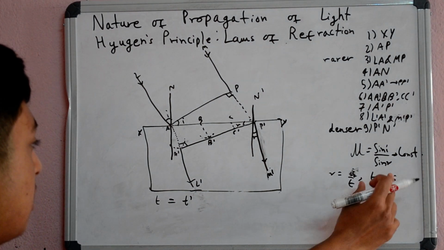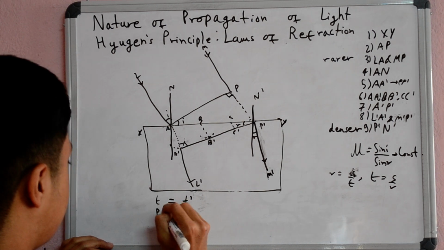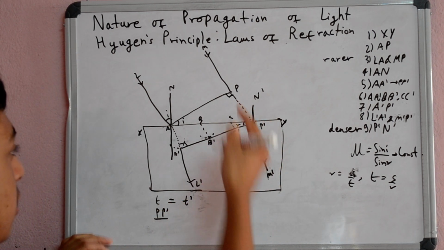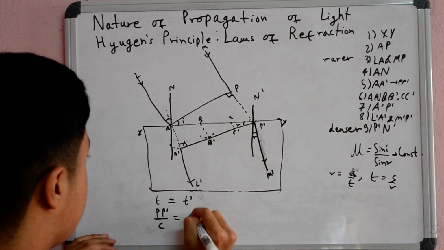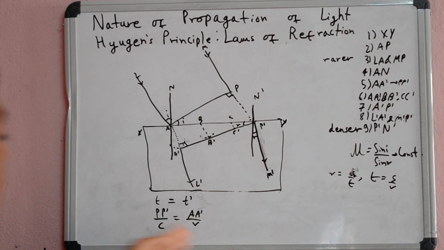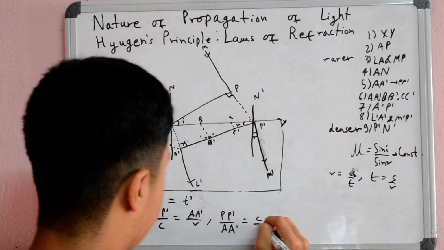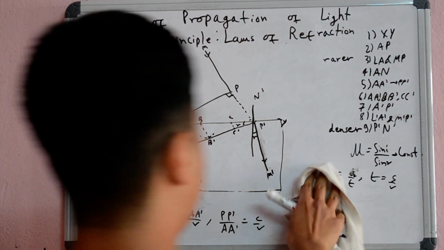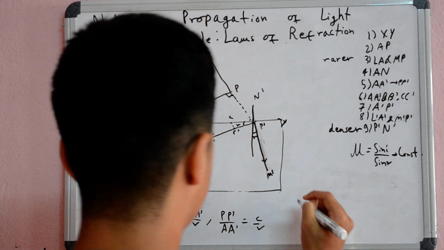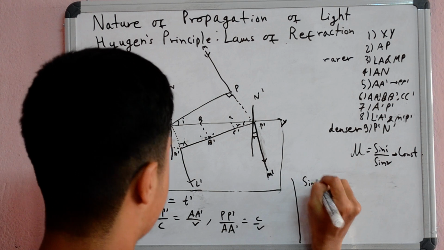So here our distance for, let's just say, PP dash is, well, this is in air, so this is c, the speed of light, and for AA dash, let's just say a velocity v. Now let's rearrange it so that PP dash by AA dash is equal to c by v. Now what we need is our sine i and sine r. So our sine of angle i, sine i.